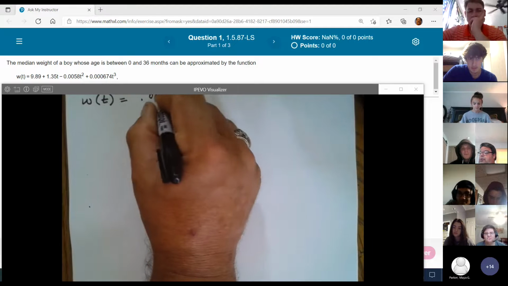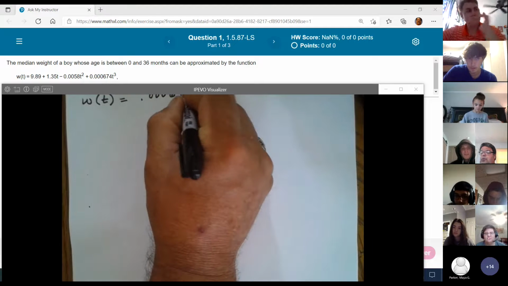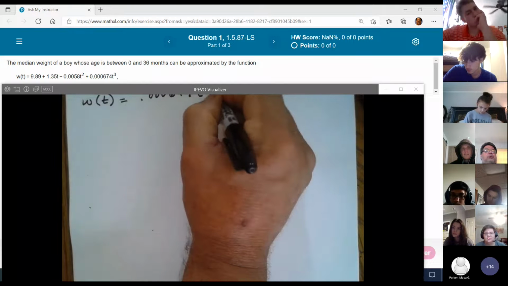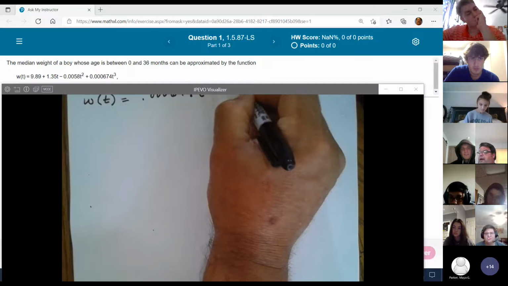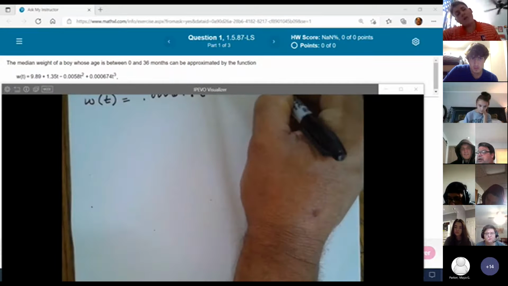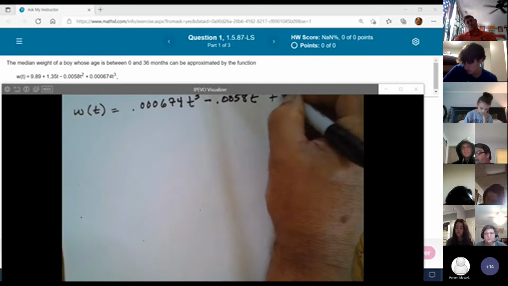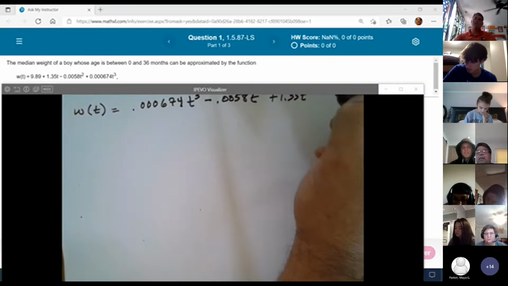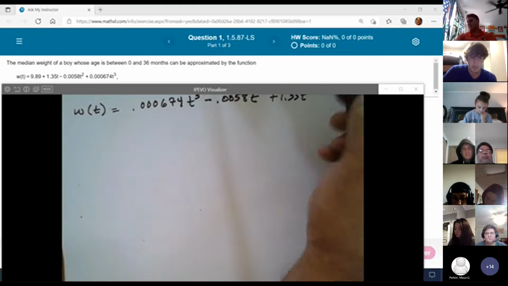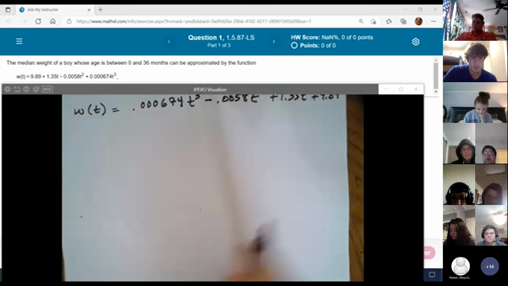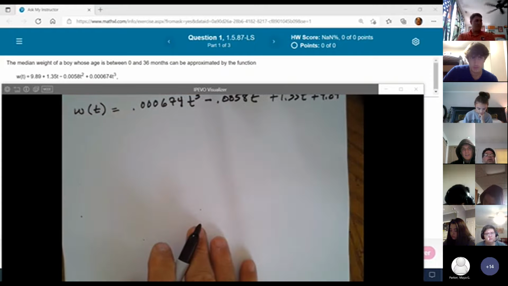W of t is equal to 0.000674 t to the third minus 0.0058 t to the second plus 1.35 t plus 9.89. Okay, the median weight of a boy whose age is between 0 and 36 months can be approximated by this function.